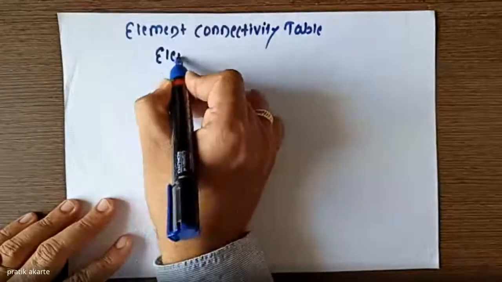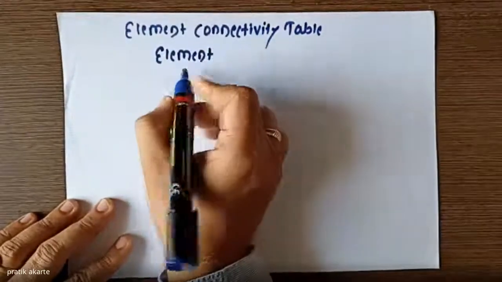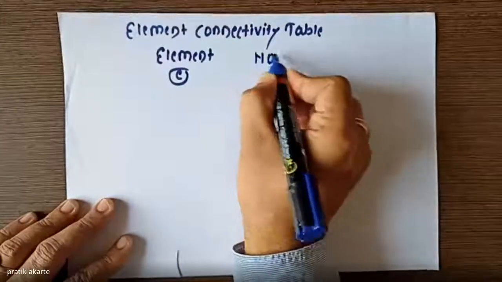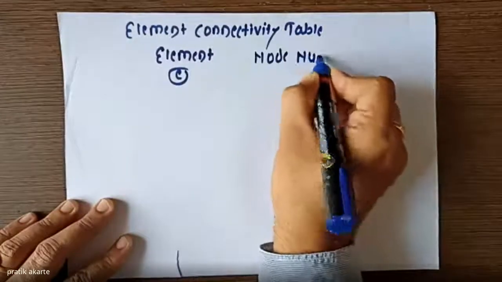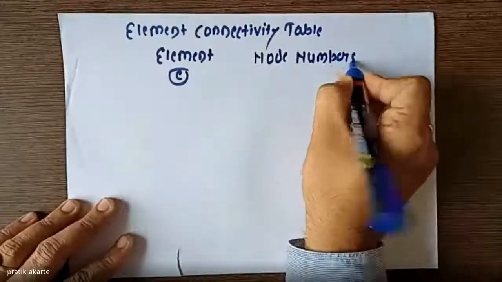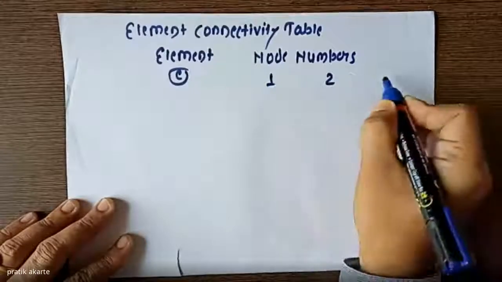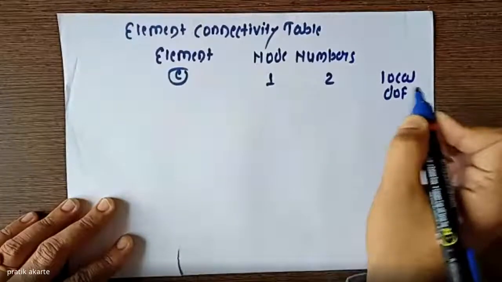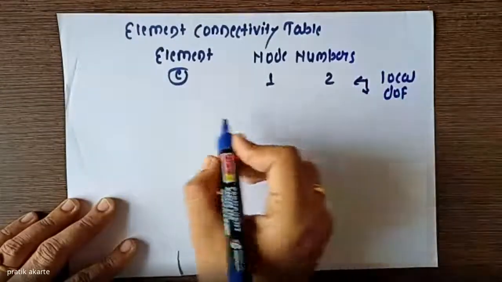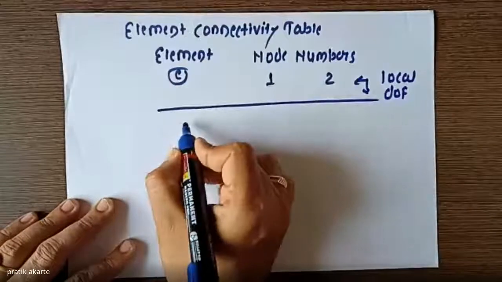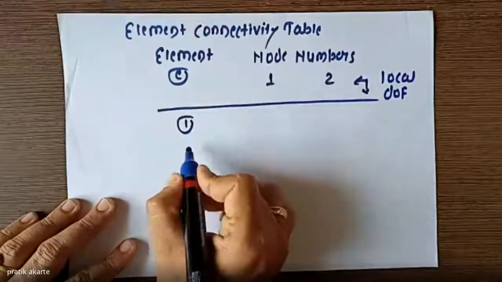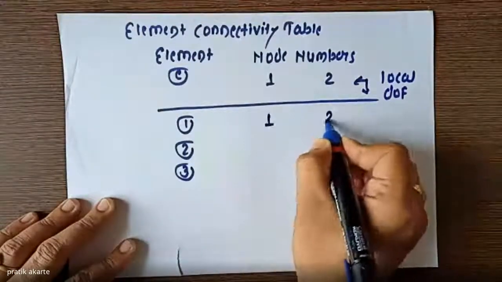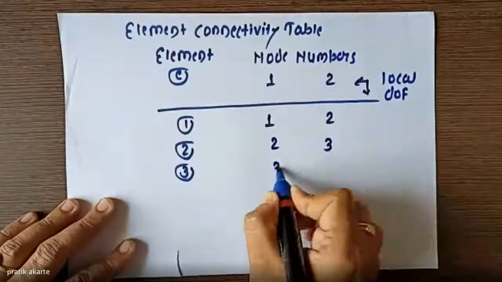So I write the element connectivity table. First column is your element, which we denote as E. Then we have node numbers, 1 and 2, which is the local degree of freedom. And then we have element number 1, element number 2, and element number 3. So for this, the node numbers are 1 2, 2 3, and 3 4.